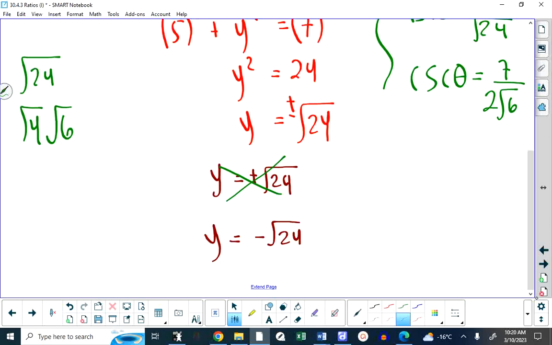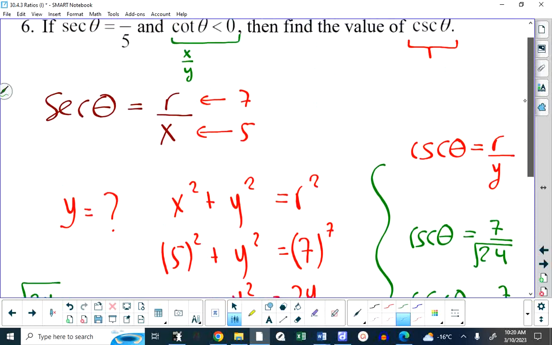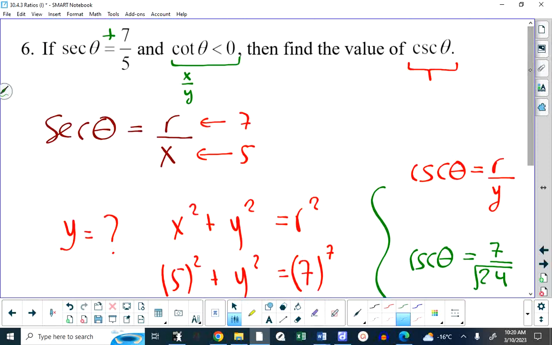You know, another way to look at it is, and this is maybe a little more thought, since secant is positive, x is positive. So if you look up here at my arms, theta has to be in one of these 2 quadrants. It has to be in one of these 2 where x is positive.